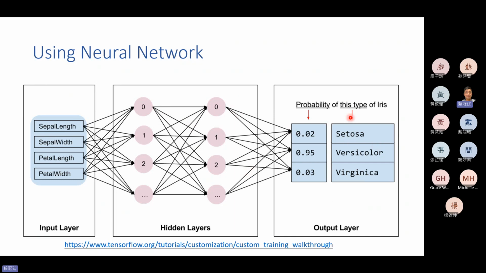Finally, we can use a layer called softmax. Softmax calculates the probability of each class. So, the softmax function.